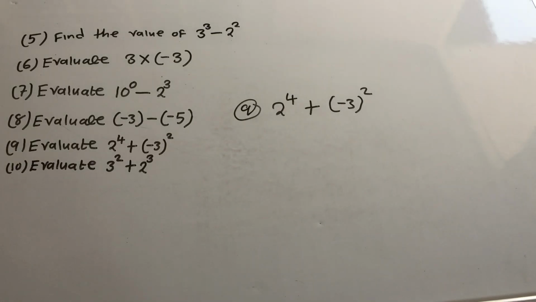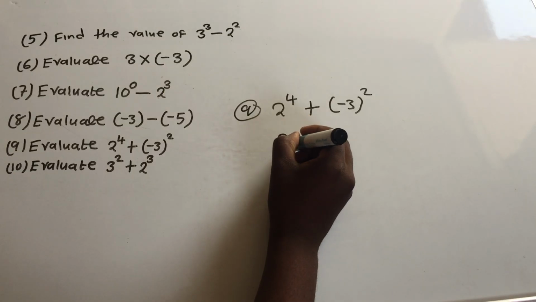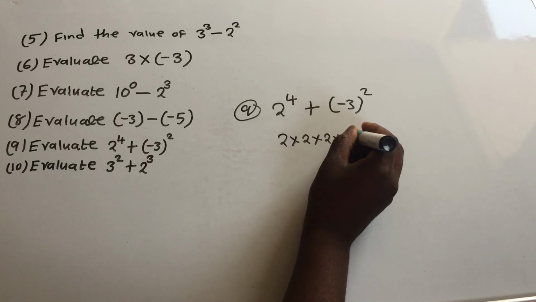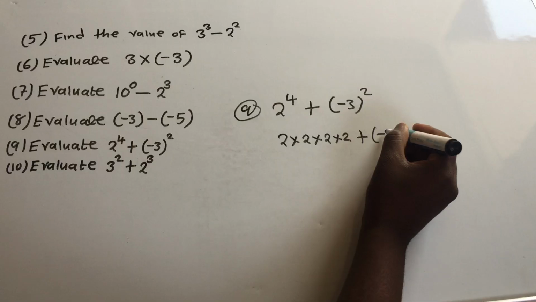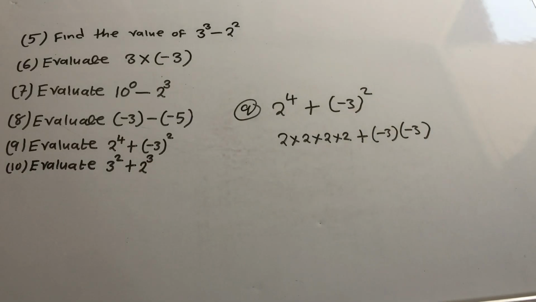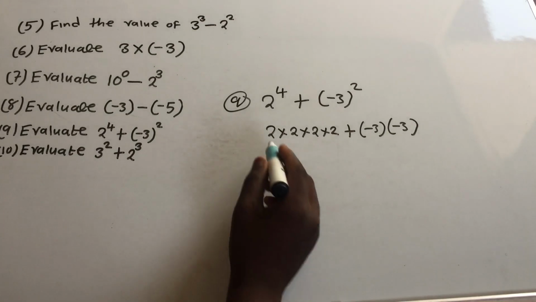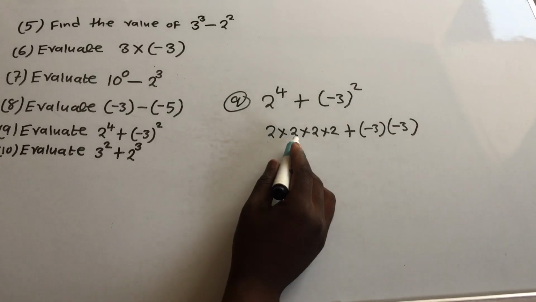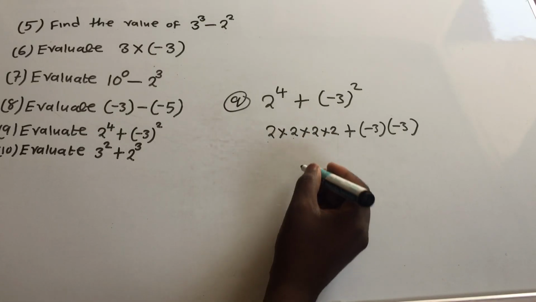So you just say 2 times 2 times 2 times 2, plus negative 3 times negative 3. 2 times 2 is 4, 4 times 2 is 8, 8 times 2 is 16.